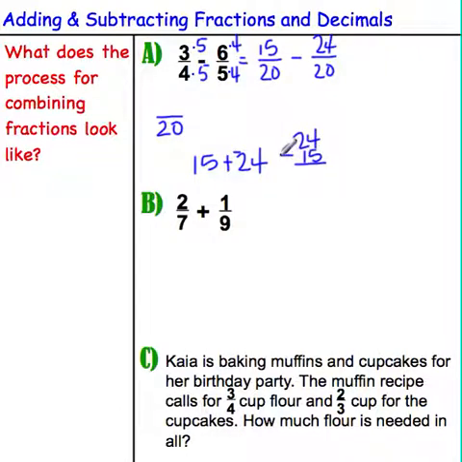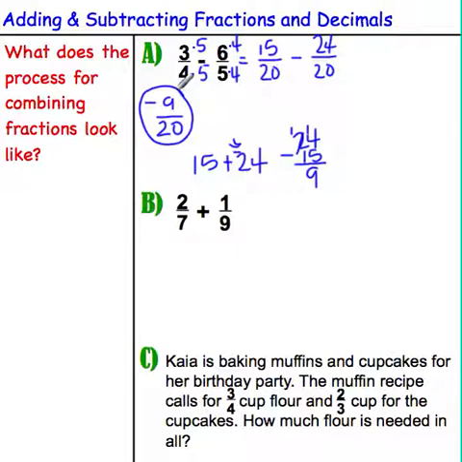When I subtract those, I get 9. And because 24 was negative, it's negative 9/20. And in this particular case, I cannot simplify. Let's take a look at the next one.